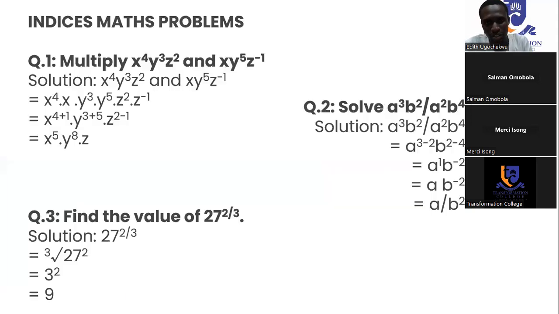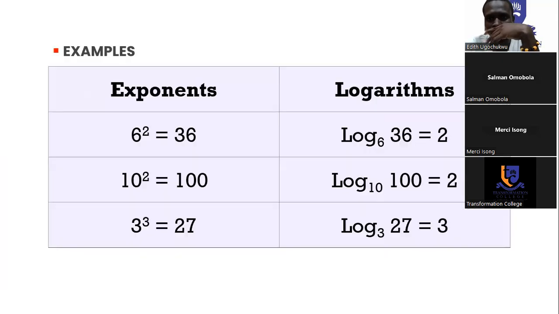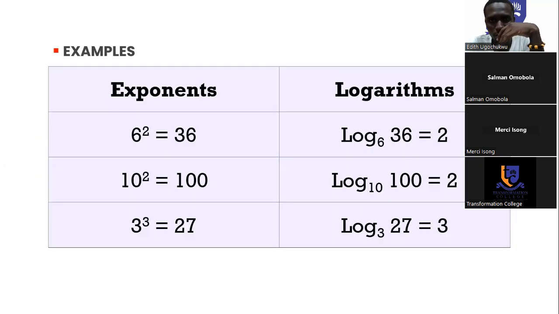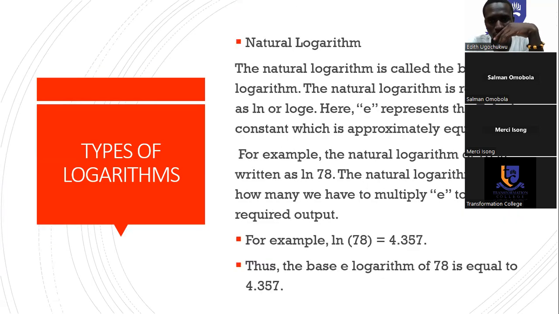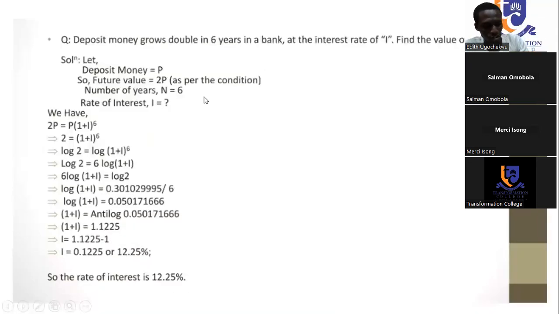In indices, you see indices. This is a rule. Now let us look at logarithm. In logarithm, that rule in indices is the other way around. So in indices, you have a raised to the power m times a raised to the power n will give you a raised to the power m plus n, right?